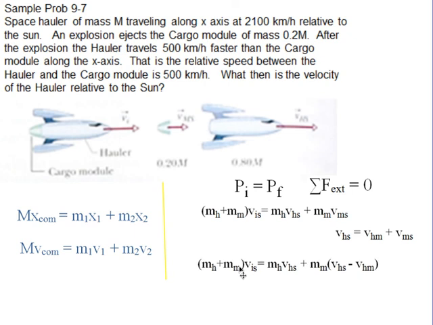And thus this initial momentum equation that I had becomes this momentum equation, where the velocity of the module relative to the sun is replaced by, I have subtracted this quantity from that, is equal to the velocity of the module relative to the sun.